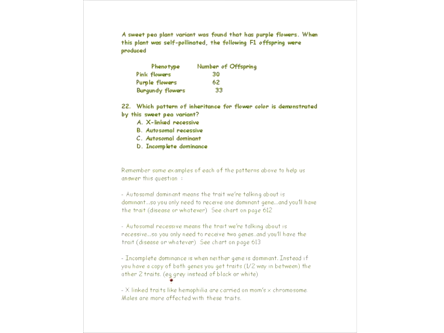Whereas with the male, as long as he gets that recessive X little h, then he's going to get the hemophilia. So again, you're going to see males getting the trait more often when it's an X-linked trait. So again, read over those and decide which type of inheritance pattern is going on for this question.